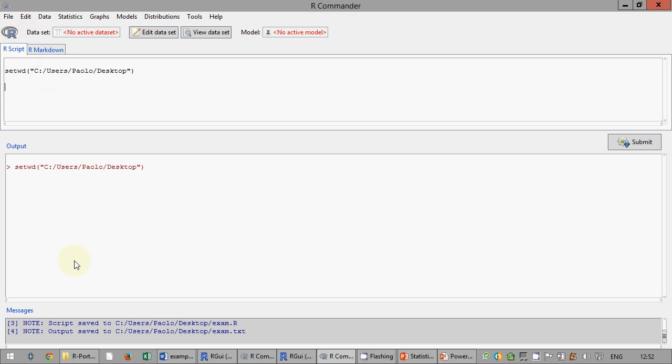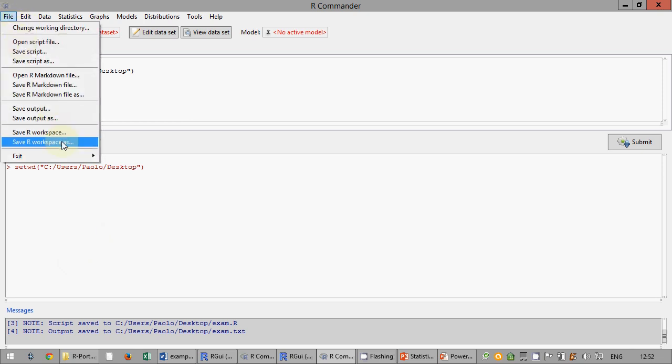There is another thing you need to save, which is the workspace. The script is whatever you write. The output is the answer that the computer gives to you. The workspace represents all the variables that you are using. Sometimes I ask you to save it, and you save it from here.